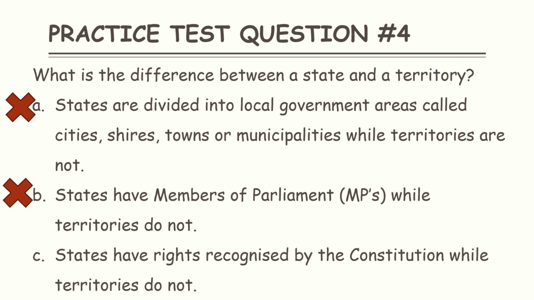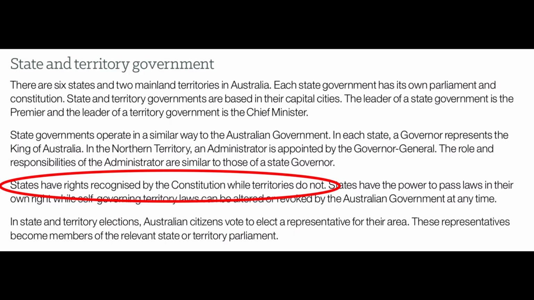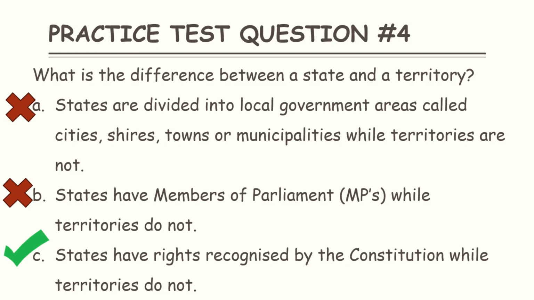So answer B is not correct either. On page 28 in Our Common Bond, we see that states have rights recognized by the Constitution, while territories do not. So answer C is correct. The difference between a state and a territory is that states have rights recognized by the Constitution, while territories do not.